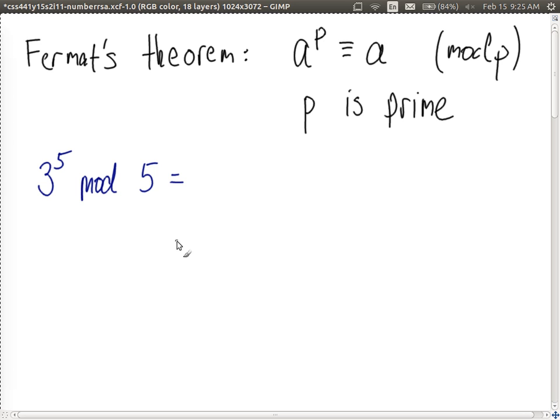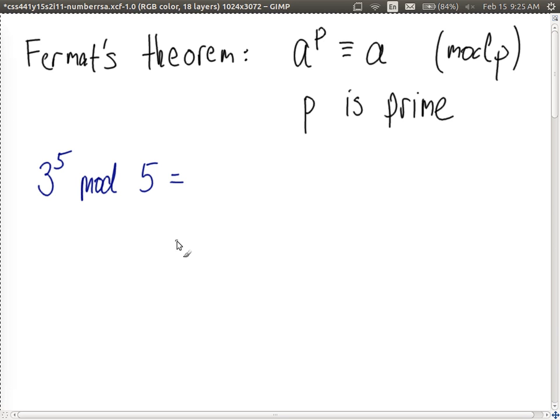what is 3 to the power of 5 mod 5? Easy, isn't it? You can calculate it the long way. You can calculate what is 3 to the power of 5 with your calculator and then mod by 5. Or you can see, well, this holds the form of Fermat's theorem.